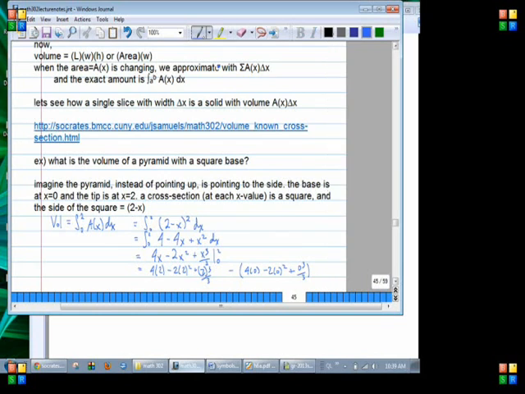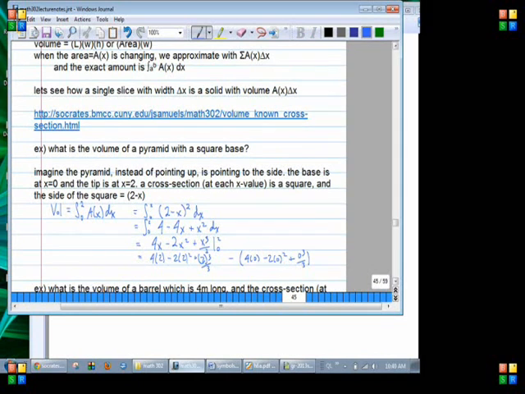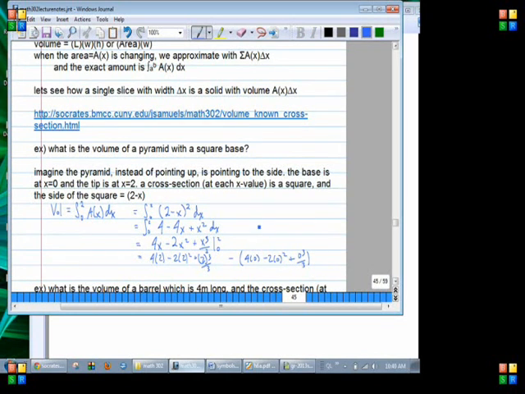And if we work all that out, we get 8 thirds.